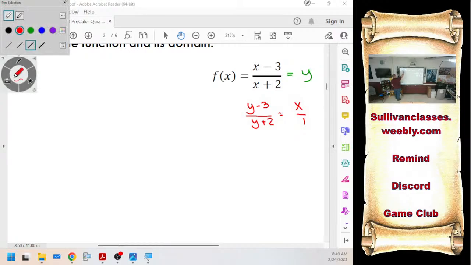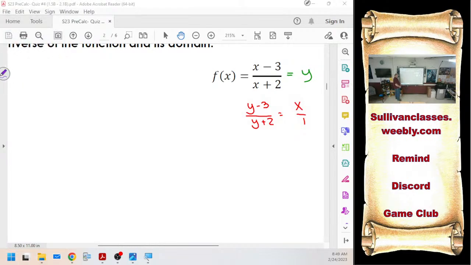Okay. I can multiply both sides by y plus 2, which is the exact same as cross multiplying, which I can now do. I can do that now, or I can do that later, depends. Either way, you need to somehow cross multiply.